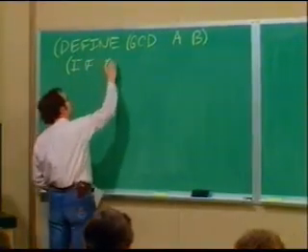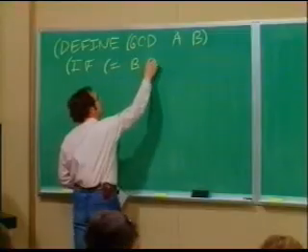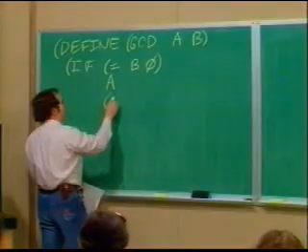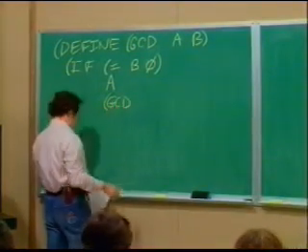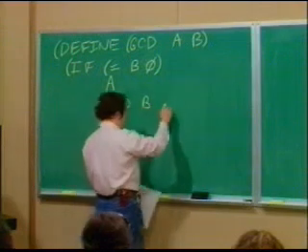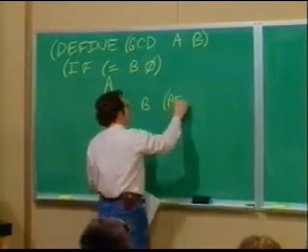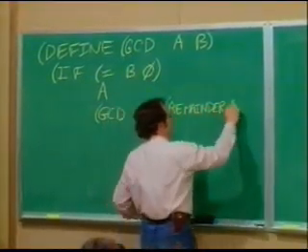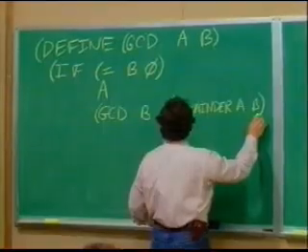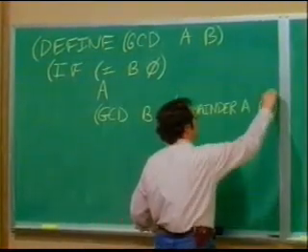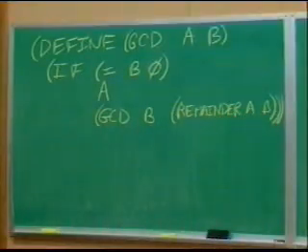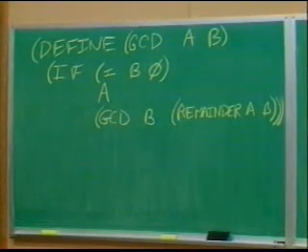If B is 0, then the result is going to be A. Otherwise, the result is the GCD of B and the remainder when A is divided by B. So what we have here is a simple recursive procedure, a recursively defined procedure, or recursive definition, which yields an iterative process.